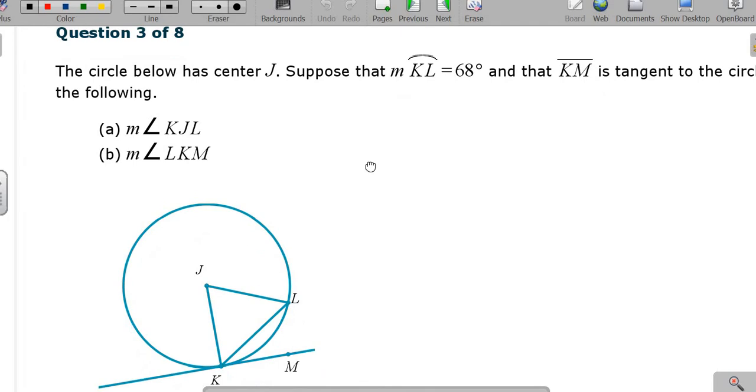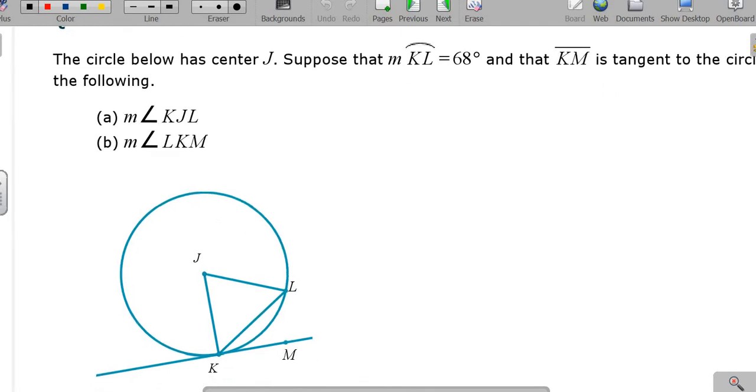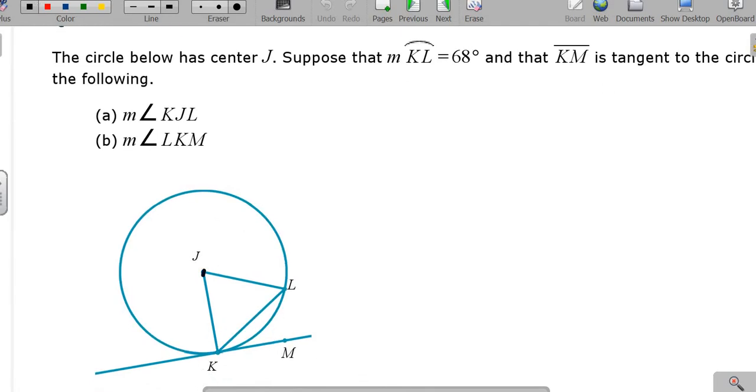It says in the circle below it has a center J. So that's important. J is the center, which makes this black angle a central angle, and this black arc its corresponding arc. We are told that KL is 68. So KL is 68, the arc.